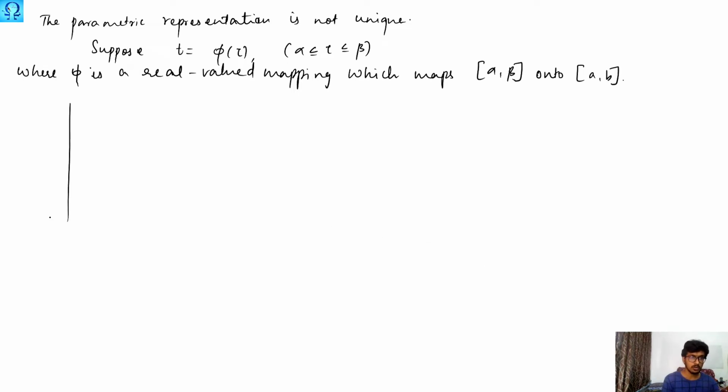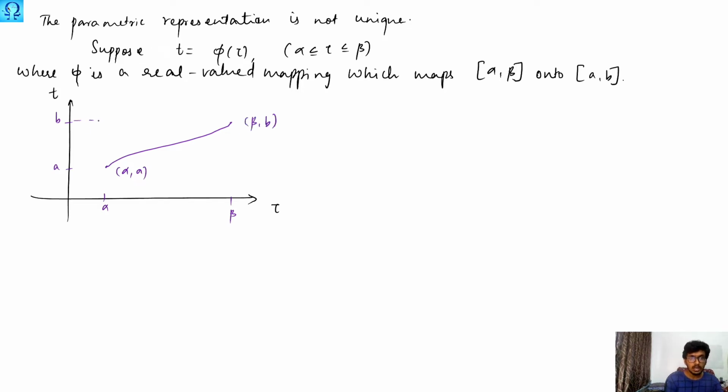Now I may give you a diagrammatic representation of the things that I have told you. So consider this to be the tau axis and this to be the t axis. Let this point be alpha and this point be beta, and this may be a and this may be b. We may have a curve from the point alpha comma a to the point beta comma b.